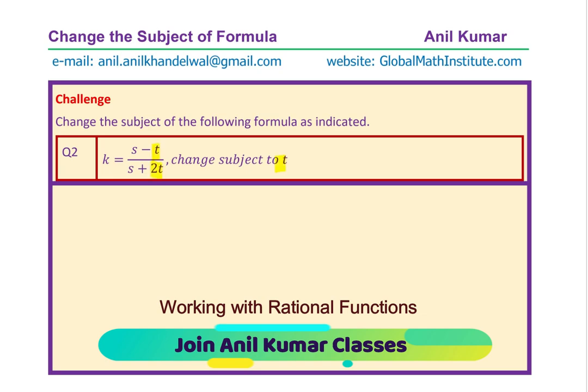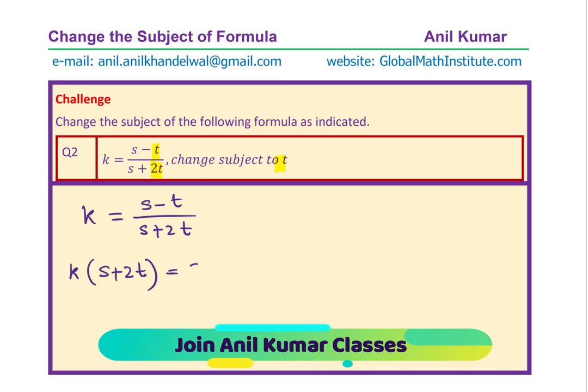We do see t in both numerator and denominator. Let's begin by writing the formula given. k equals (s minus t) over (s plus 2t). We can cross multiply, so we get k times (s plus 2t) equals s minus t.